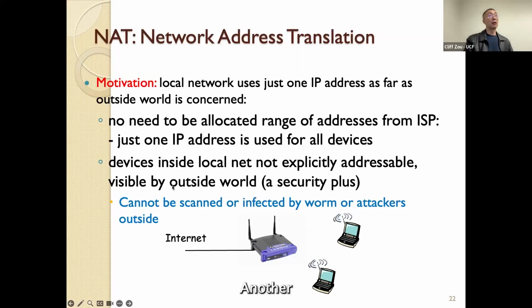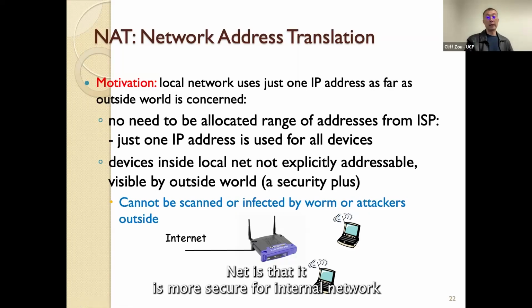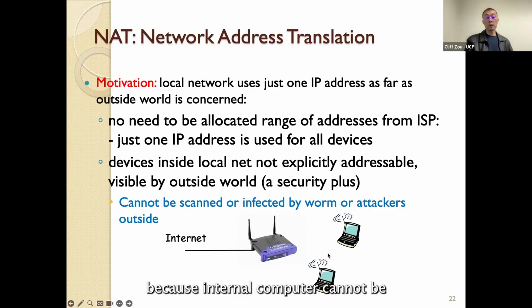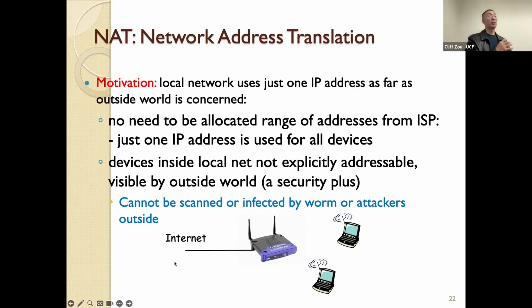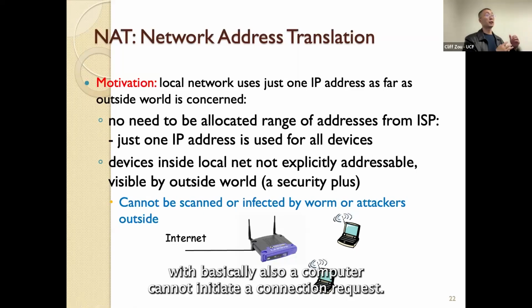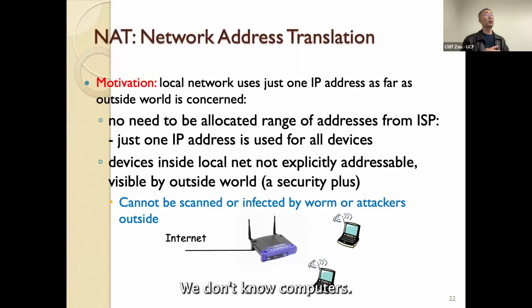Another benefit introduced by NAT is that it is more secure for the internal network, because an internal computer cannot be connected to by the outside computer. Basically, an outside computer cannot initiate a connection request to internal computers.